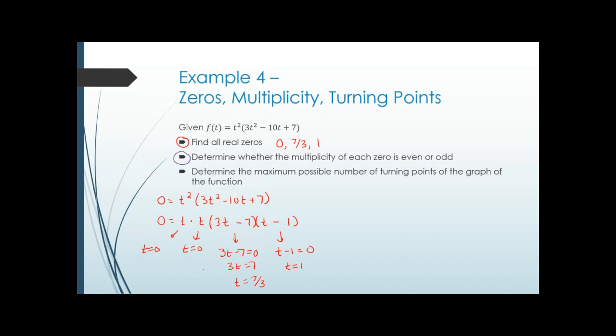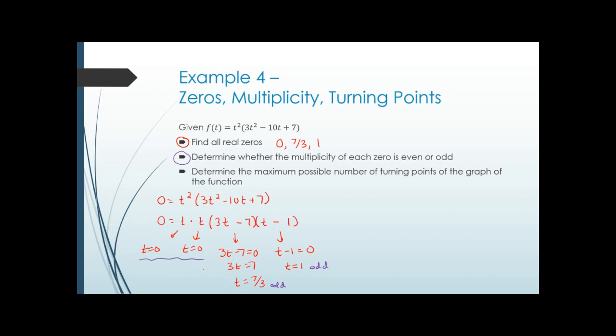The next would be the multiplicity of each zero. So 7/3 and 1 only show up once when I'm solving, so that's odd multiplicity. So this is odd, and this is odd. However, when we solved, we got t equals 0 twice, because basically it had t squared, and if t is 0, that's 0 squared.